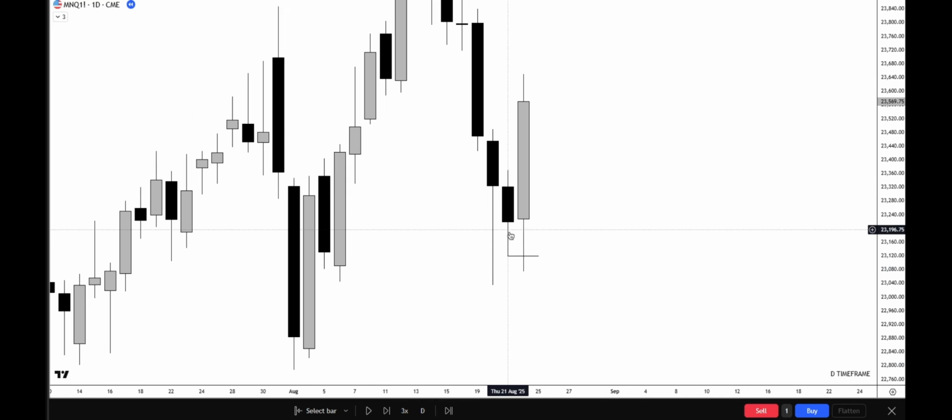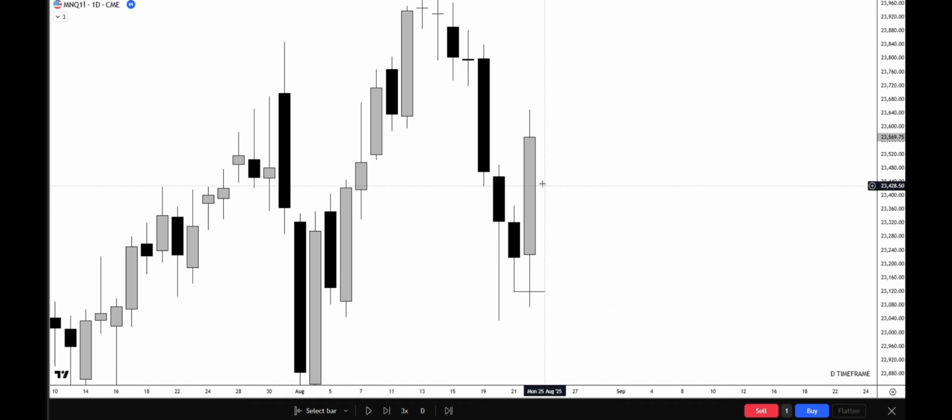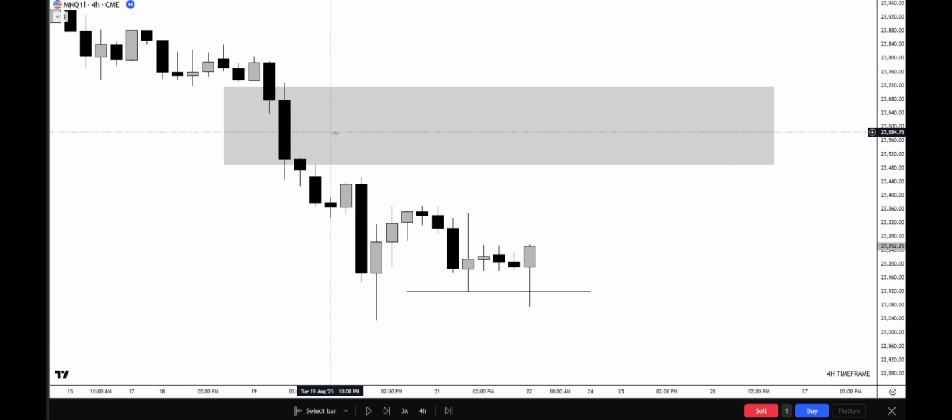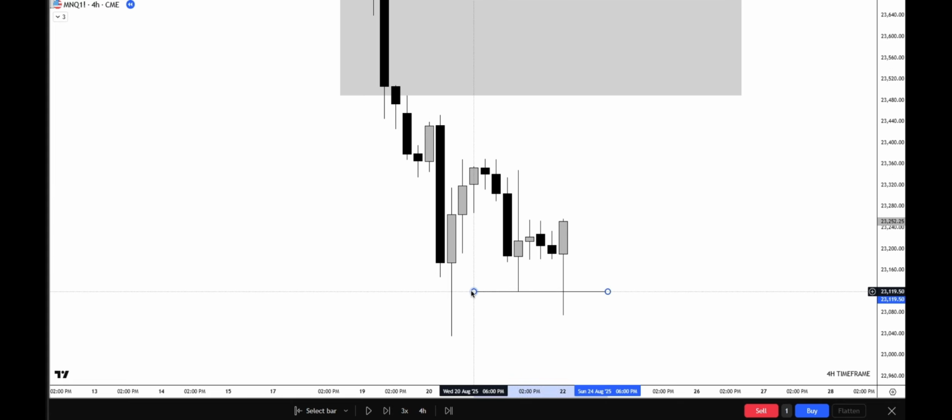So if a previous day low has been swept, what I can expect price to do is either close bullish or fill any imbalance that has been resting around. It does have an imbalance right here, and if I drop down to the 4 hour, what I can see is a sweep of liquidity internally, which is my previous day low as well.